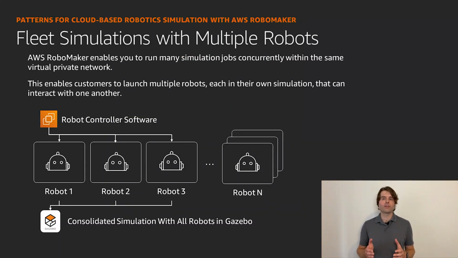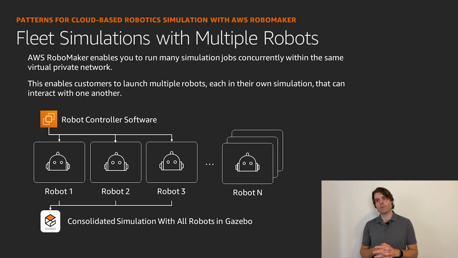The final pattern that we'll talk about today is fleet simulations with multiple robots, using horizontally scalable simulation jobs in AWS RoboMaker. Leveraging the built-in integrations with AWS VPC, RoboMaker enables you to easily connect concurrently running simulation jobs with each other.